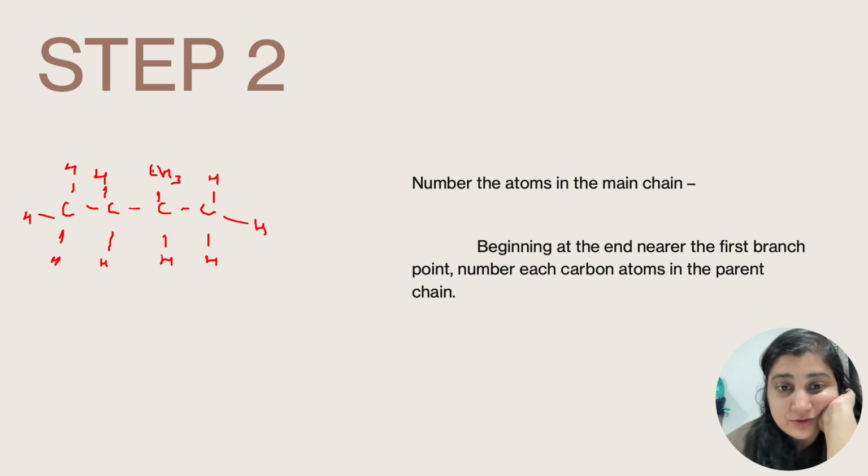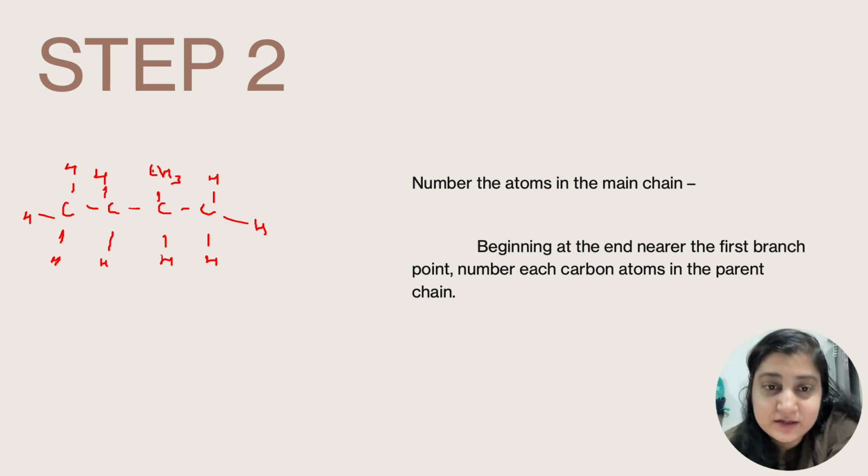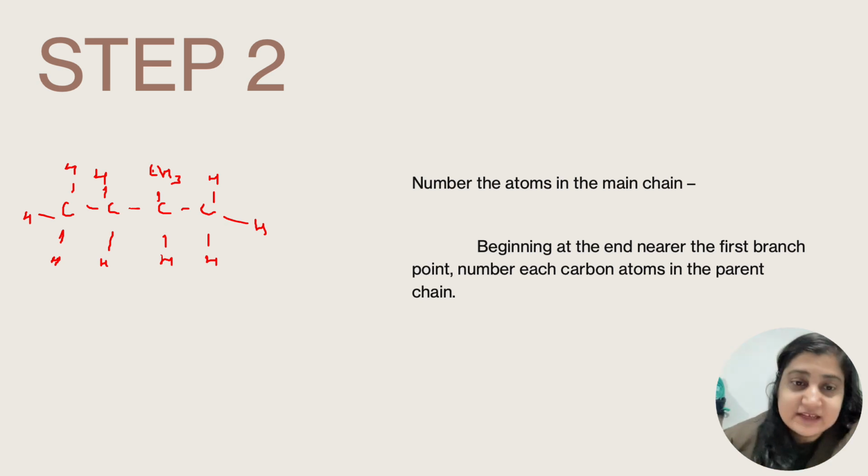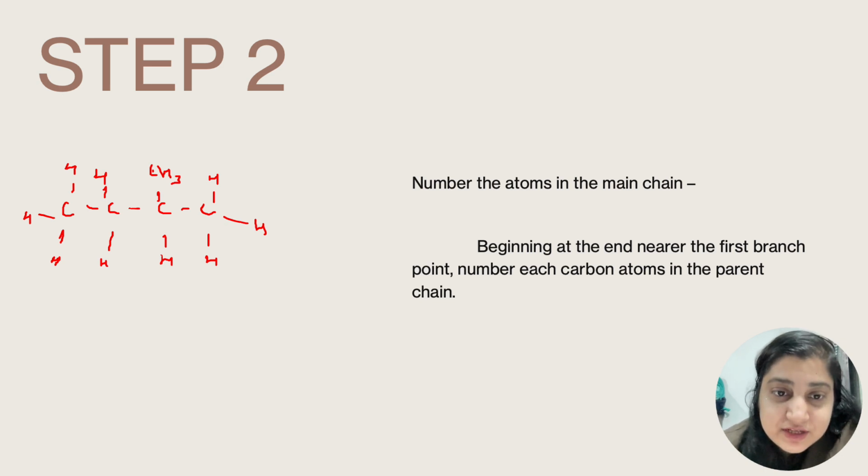the methyl group, the substituent, has to be nearest to the carbon, and then the numbering should be done. So if we check the number of this methyl group from the left-hand side, 1 2 3 4, this methyl group gets the number 3, carbon 3.